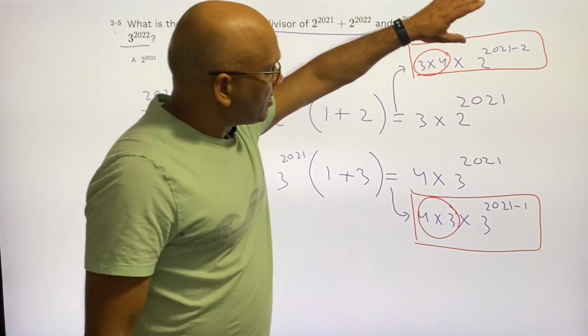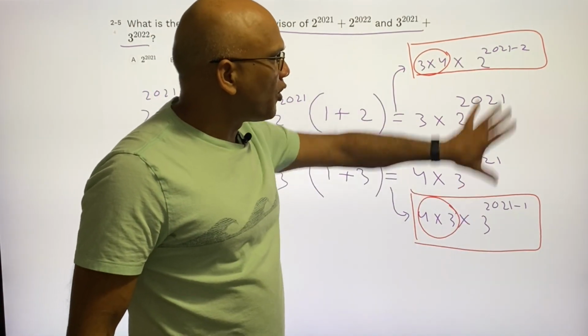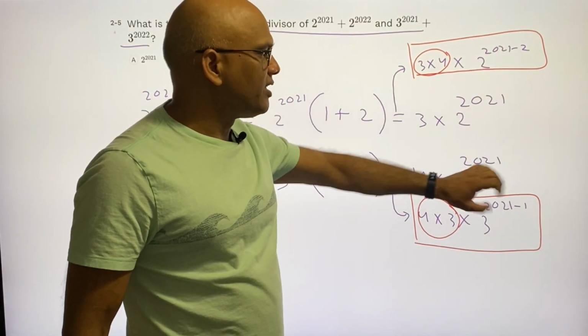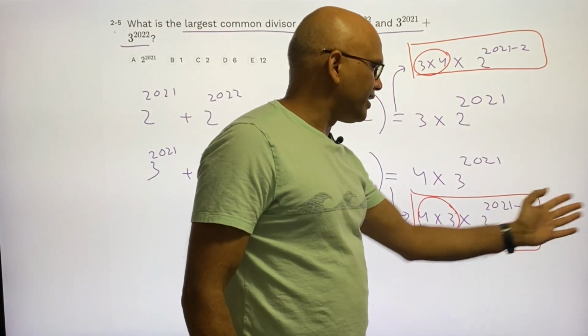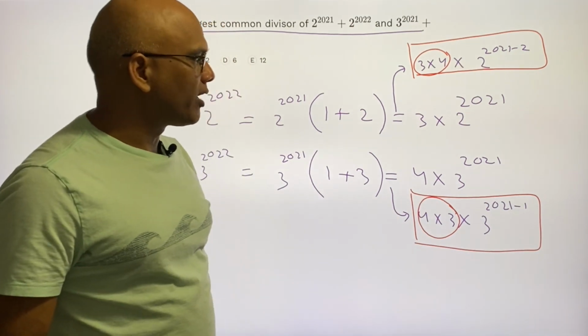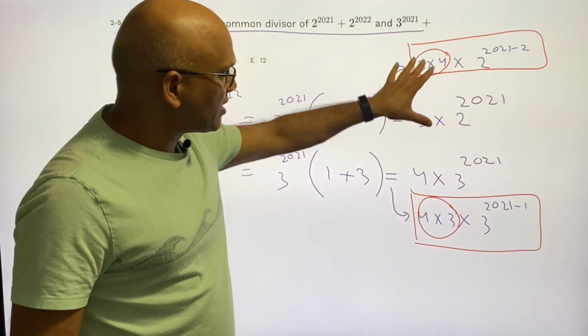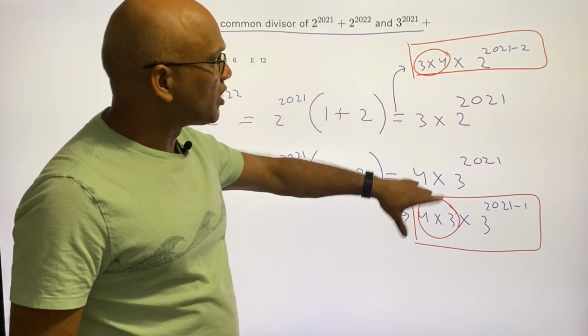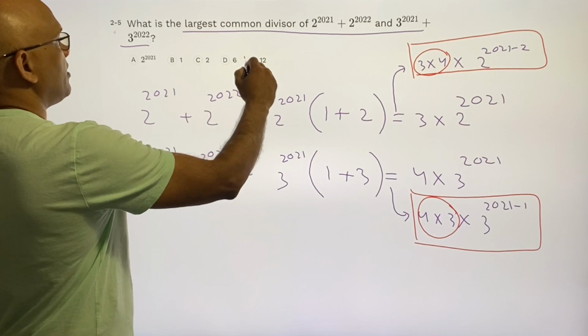And then 2 to the power of something and 3 to the power of something are not going to be divisible by a common number, because 2 to 2, 3 to 3, they are not going to be divisible by a common number. So this is the only number that is going to divide both the numbers. So 3 times 4 is 12, then E is the correct answer.